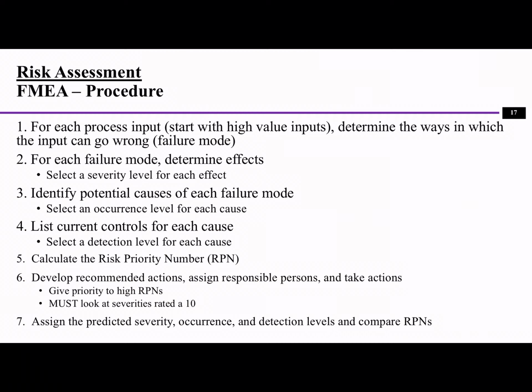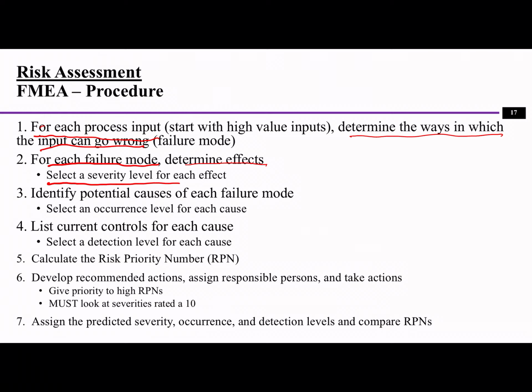And a typical procedure is, as I have already identified in the example we just showed: first, find out each process input and determine ways that the inputs can go wrong. Then for each failure mode, determine the impacts or the effects, right?